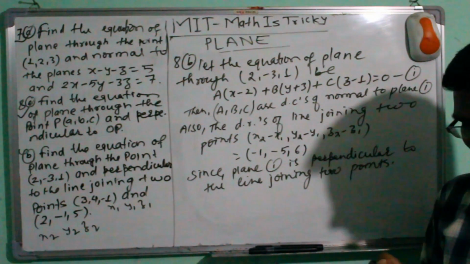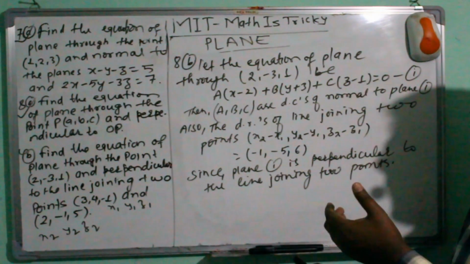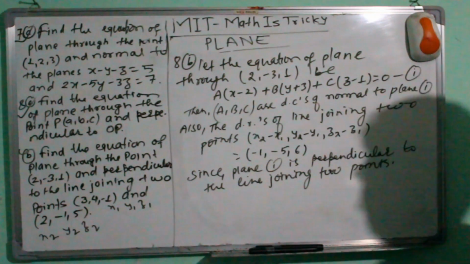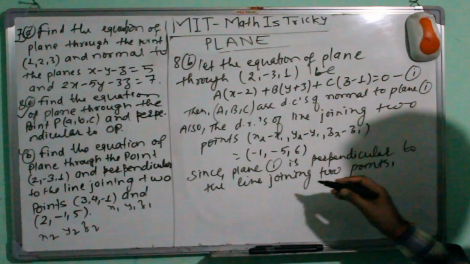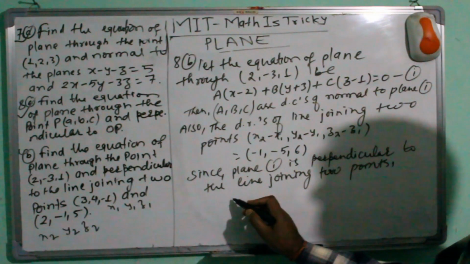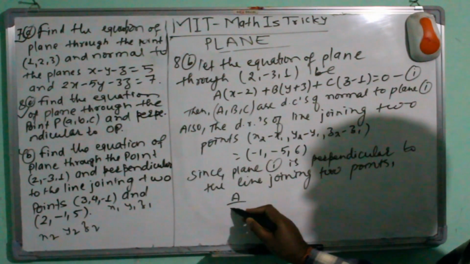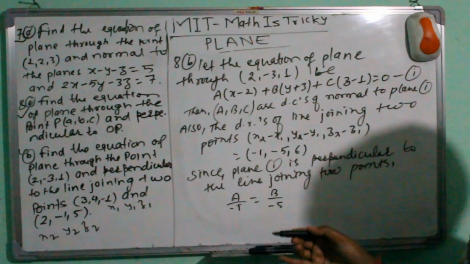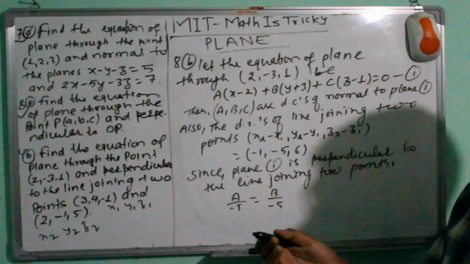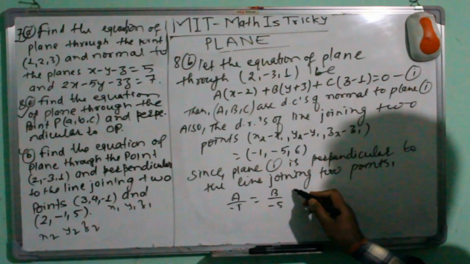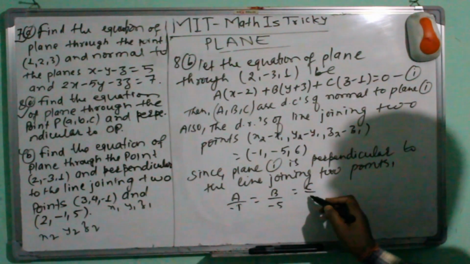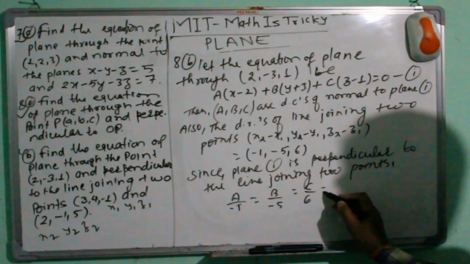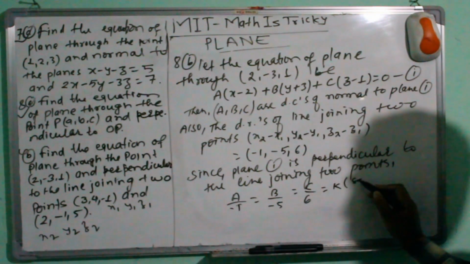It means the normal to the plane and the line will be parallel. So we can write here A by minus 1 equals B by minus 5 equals C by 6. They will be parallel means DRs or DCs will be proportional.